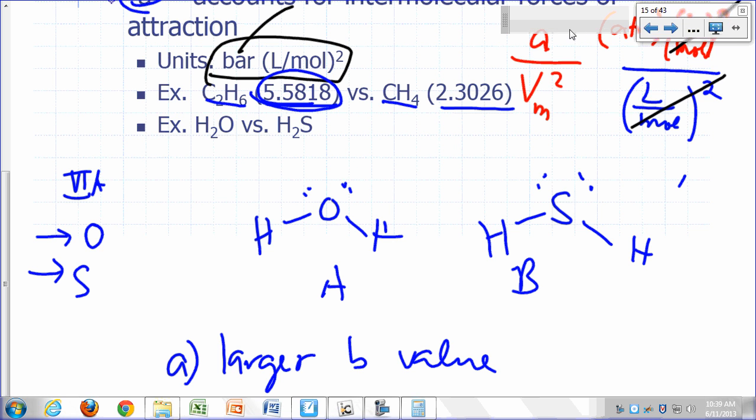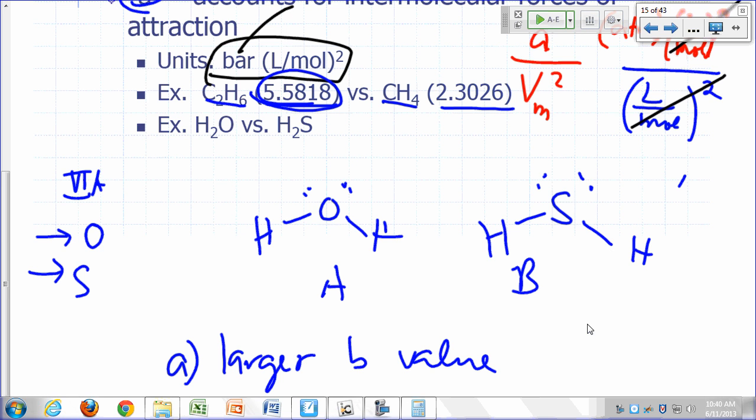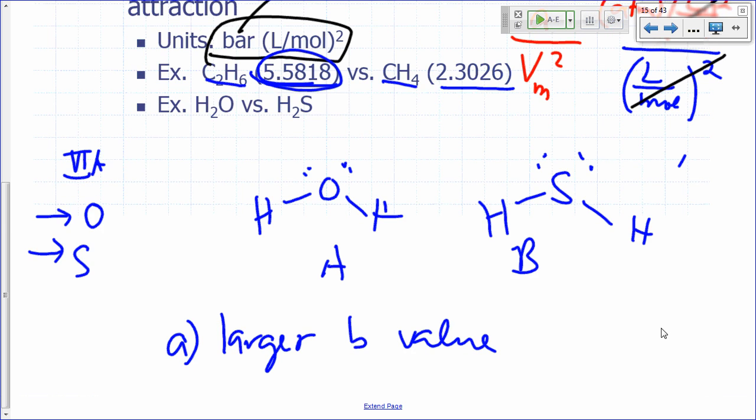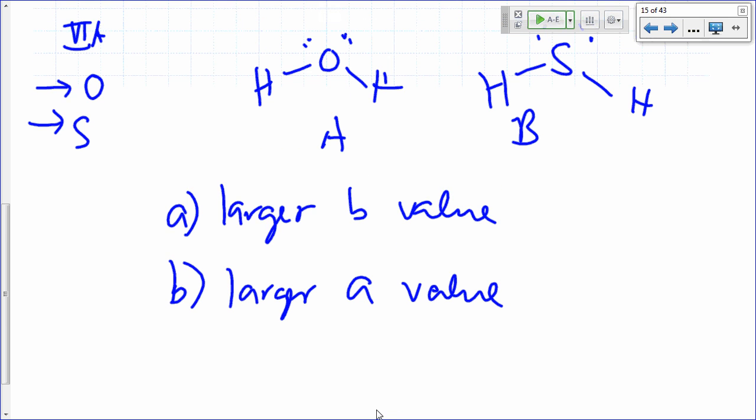Okay. Which one's bigger? Going down a column, size of the atoms increases. So H2S would be a larger molecule. Sulfur is a larger atom than oxygen. Okay? So H2S would have a larger B value. Which one would have a larger A value, H2O or H2S?